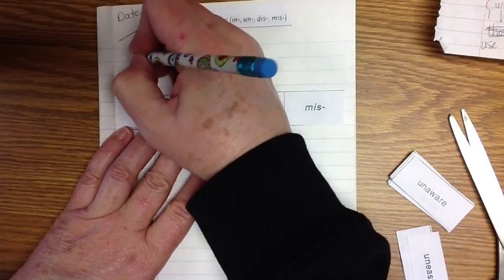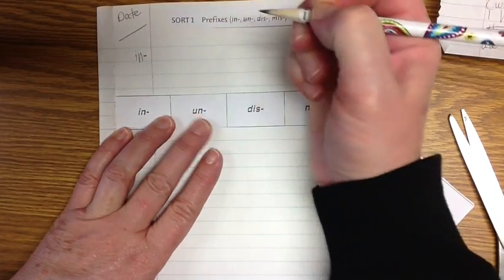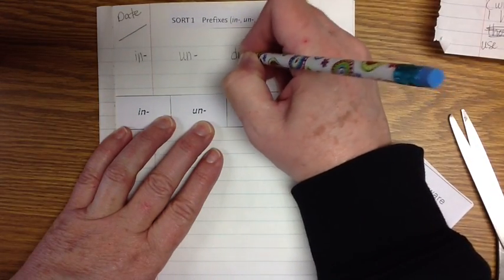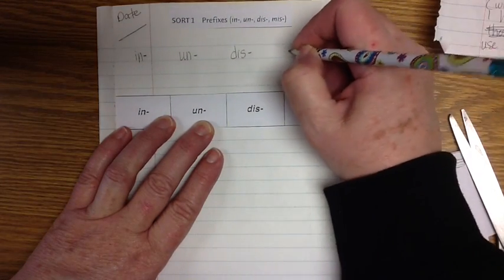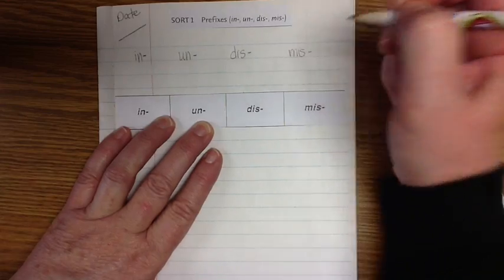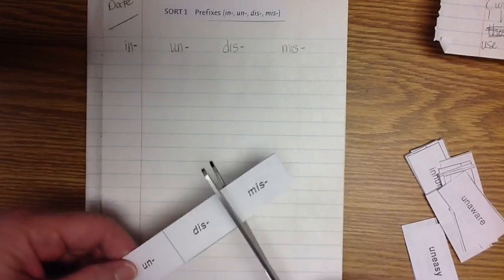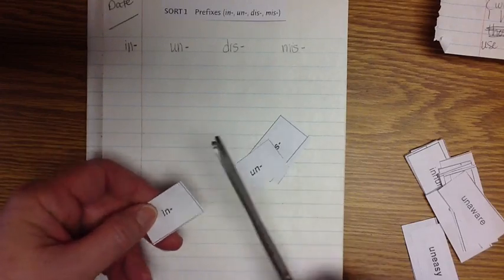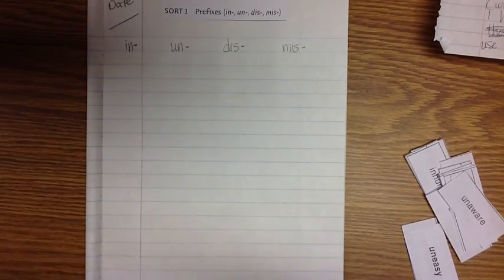We have in, we have un, we have dis, and we have miss. I'm cutting my exemplars up really quickly and putting them in my spelling bag to save for later.